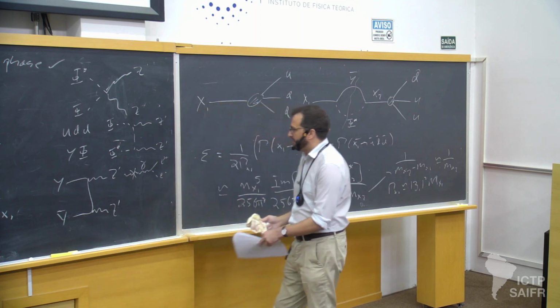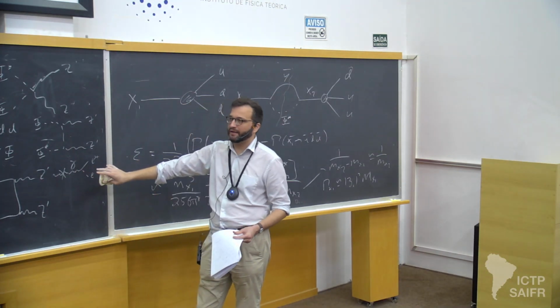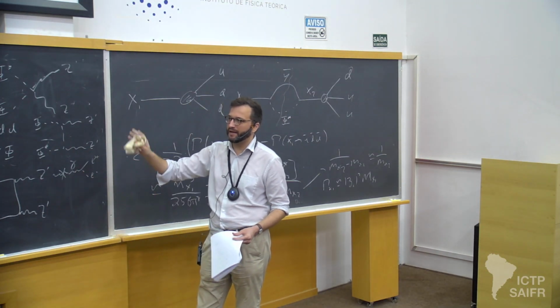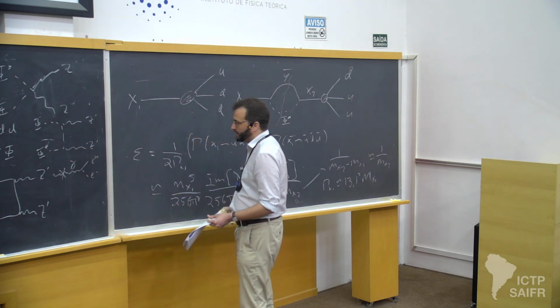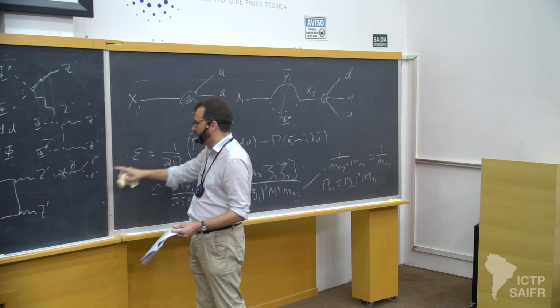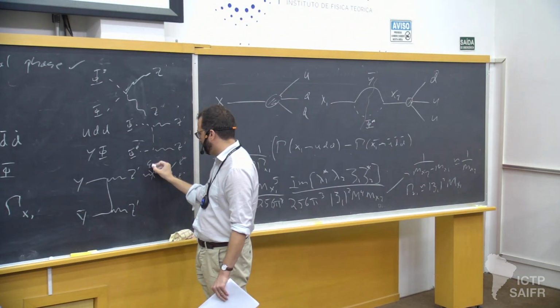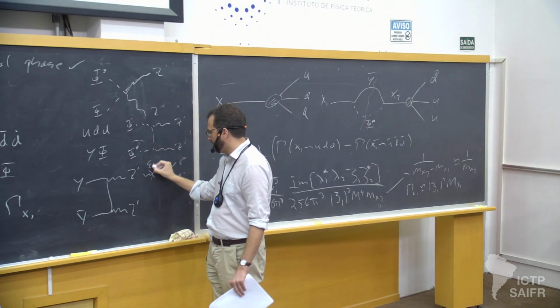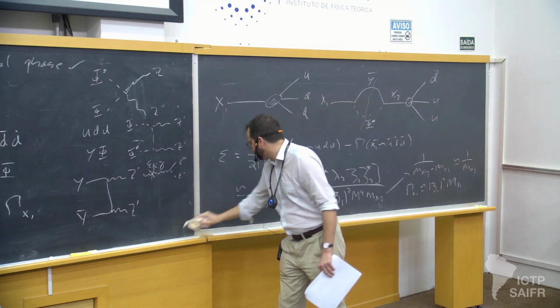The consequence is that you want this decay to be rapid enough so that you're not in conflict with BBN constraints and CMB constraints. And to do that, you need this kinetic mixing parameter to be large enough.